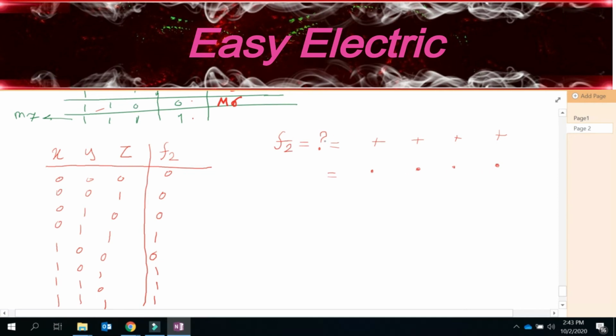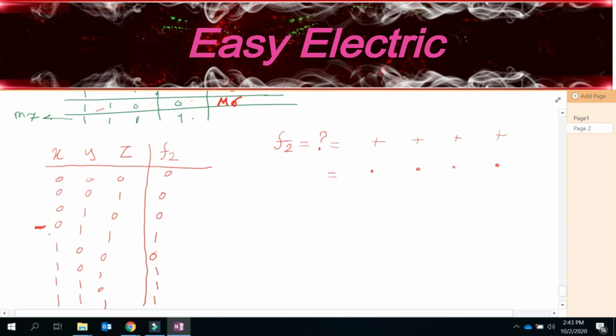So let's start with the minterms. This F2 is the sum of which minterms? You just give me the numbers. This is what we try to learn. You take a look at the truth table and say the sum of the minterms where the function is 1. So you have this. What is this minterm that you see here?